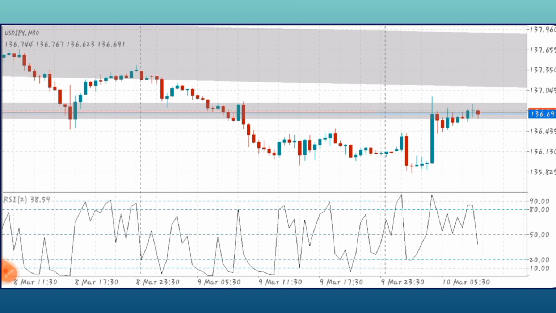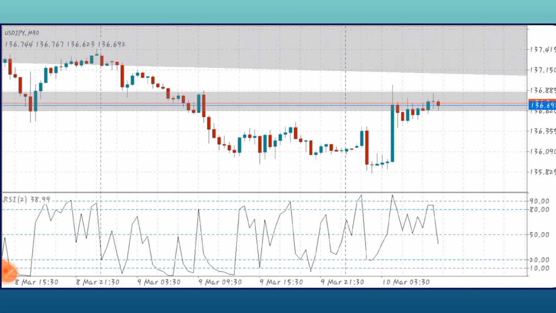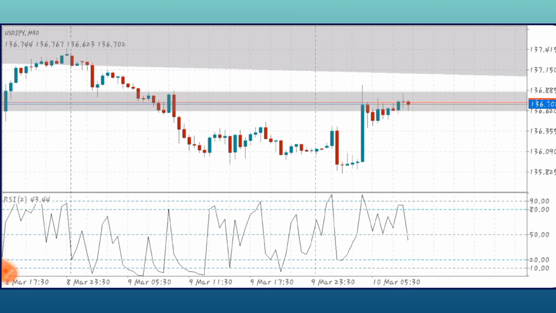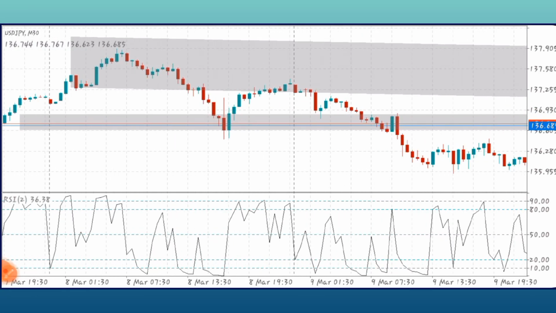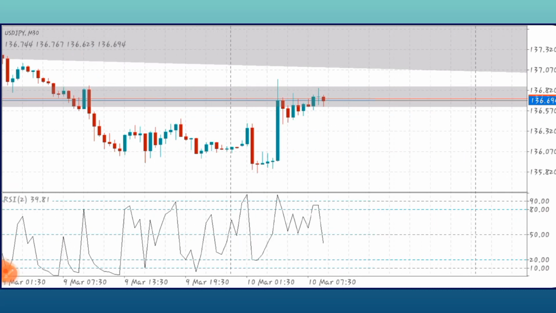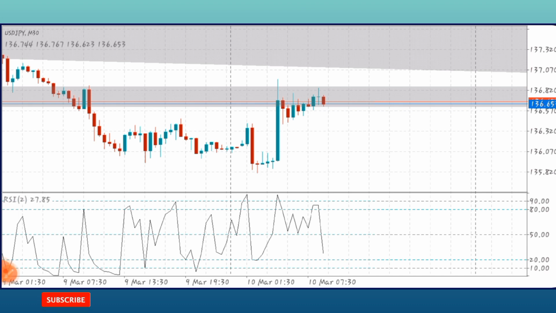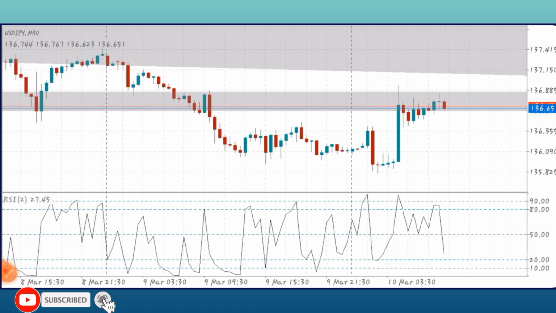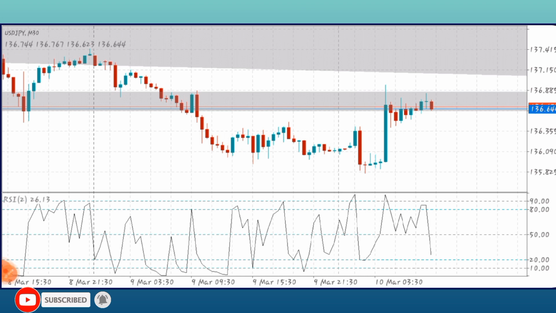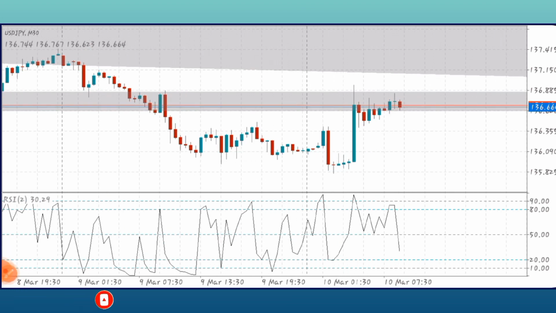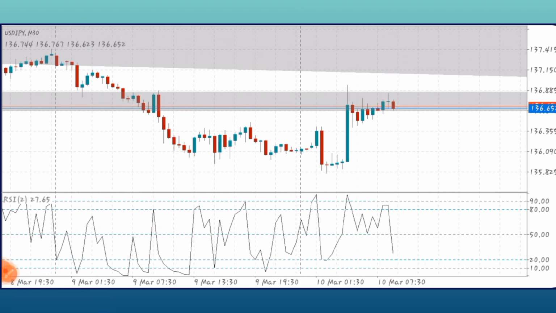Right now you can see that the candlesticks are no longer in the channel like it was in the previous chart where we were on 1 hour time frame. So right now I'm going to take a short. I'm going to sell. I will enter multiple entries because I've gotten my confirmation under 1 hour time frame.